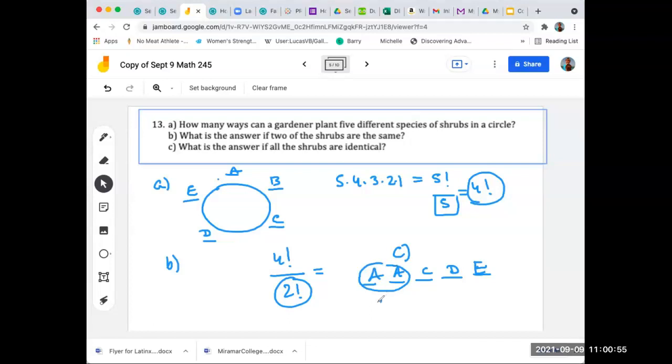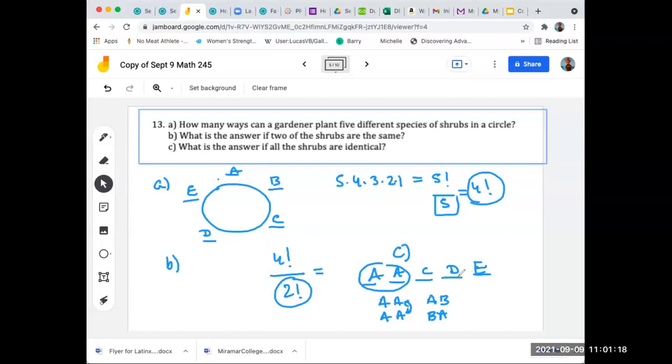So it's going to be AA, or if I switch them around, it's AA. It's like if it was AB and BA. So there's 2 factorial because you have 2 things and you're counting the arrangements of them. If they become identical, then they're the same thing, so you don't want to count them twice.